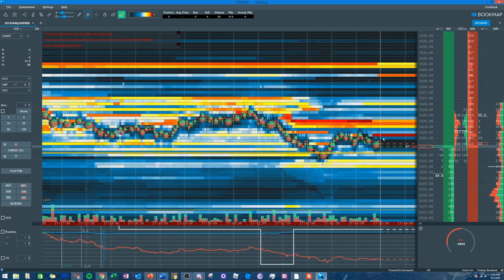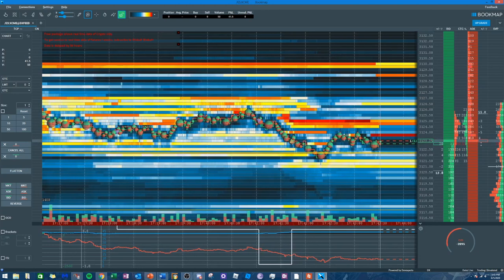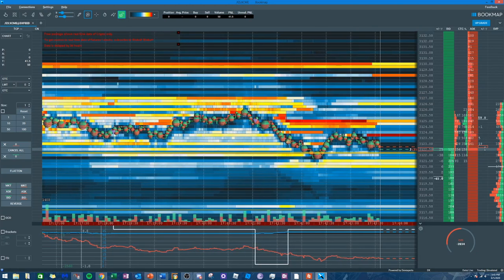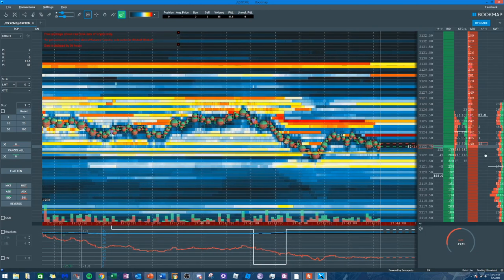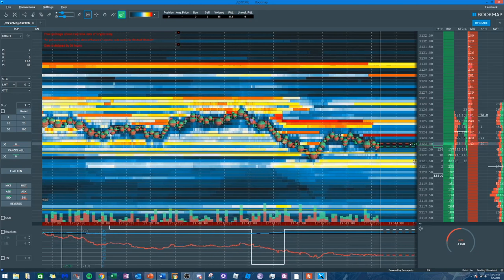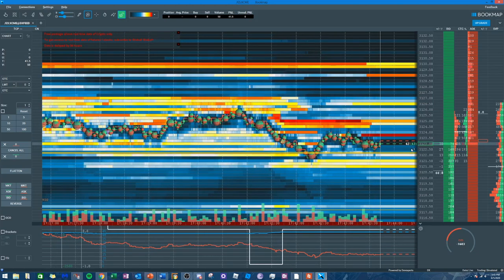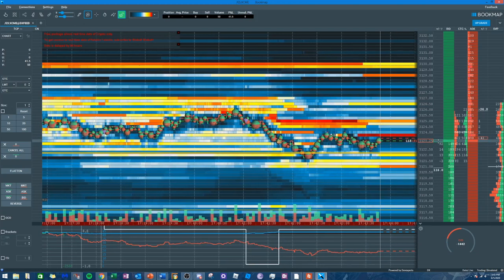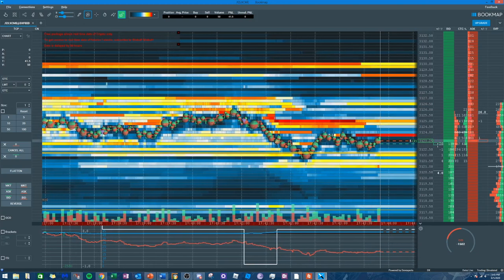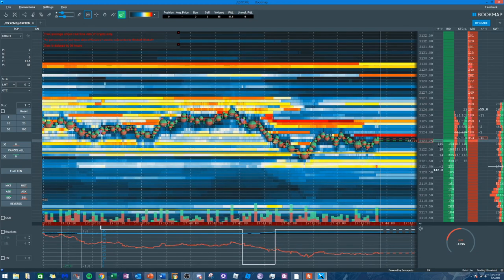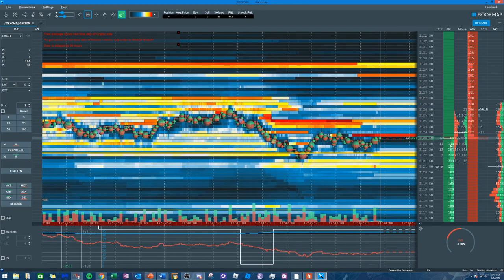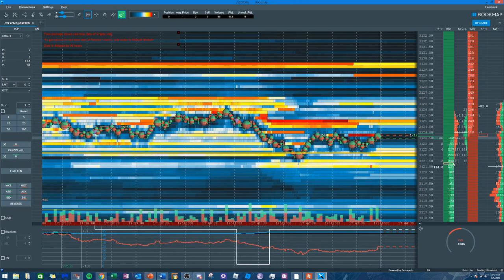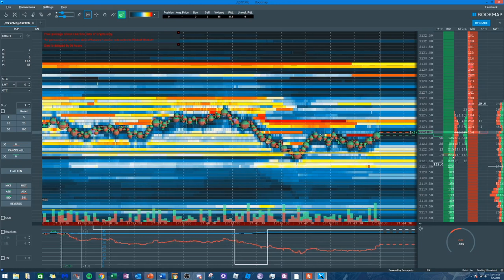So if I was trying to go short here, I would want to see the bears refreshing their orders and adding more back, absorbing any counter pressure. And then conversely, on the buy side, I would want to see this number in the negative, meaning they are taking off orders. They're removing limit orders from the system, essentially.